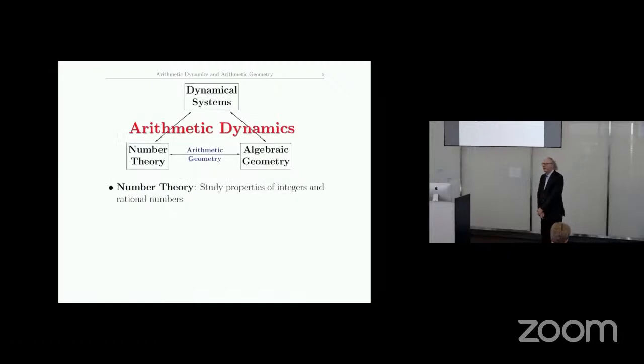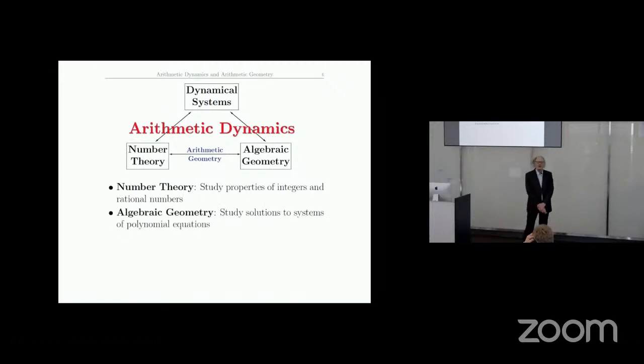So first, number theory, which dates back to antiquity and beyond, is the study of properties of integers, or maybe more generally rational numbers. Algebraic geometry, also a centuries-old field, is the study of solutions to systems of polynomial equations.